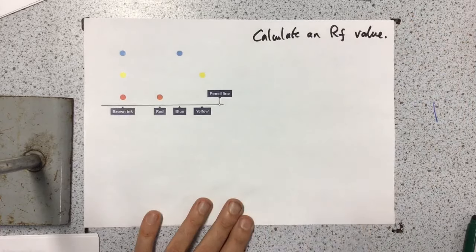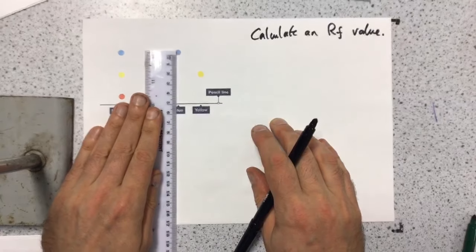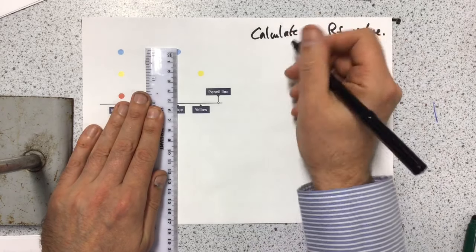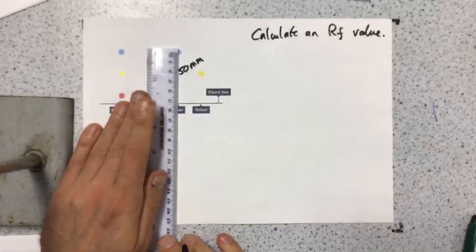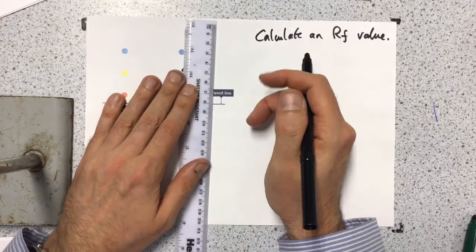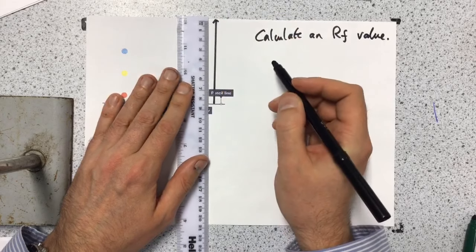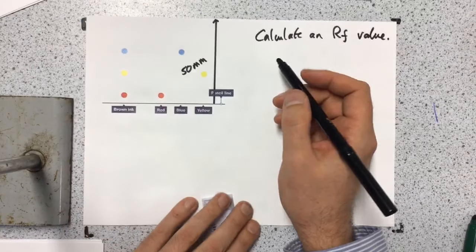So the first thing you do is you will take your ruler and we'll do the blue dot, and I usually recommend you measure to the middle of the dot, okay, and that dot there has moved 50 millimeters, all right, and then you would measure how far your solvent has traveled. So let's just say the solvent has traveled all the way up to the top here, right? So if that was what I am measuring, we have got 86 millimeters.